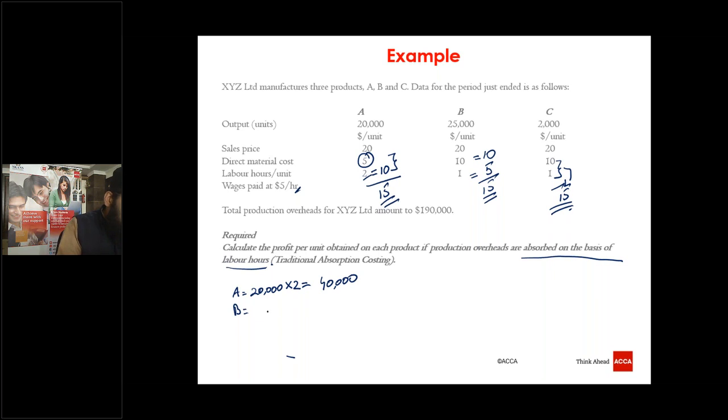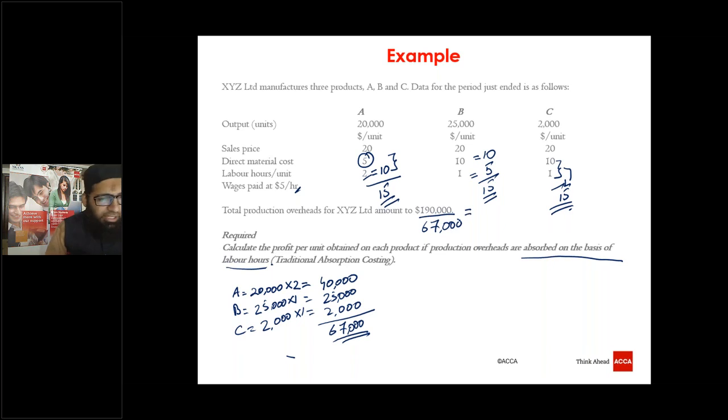B requires 25,000 units multiplied by 1, that is 25,000 hours. And C is 2,000. Hence the total will be 67,000. This will be my total budgeted labor hours. Now, my OAR will be 190,000 divided by 67,000.